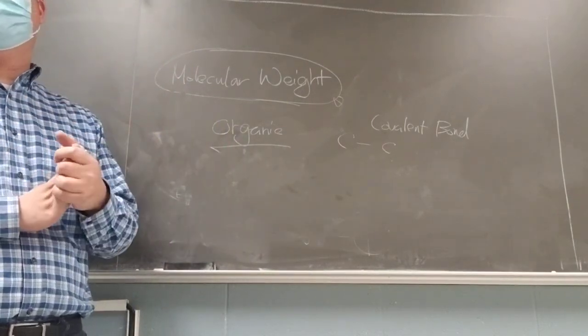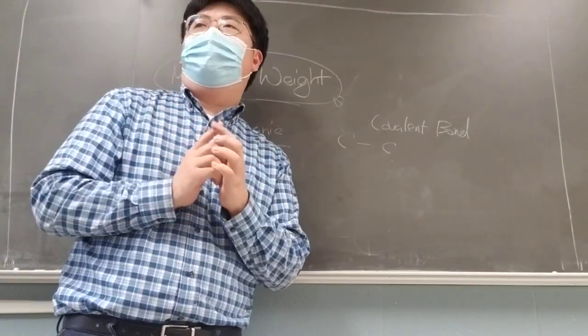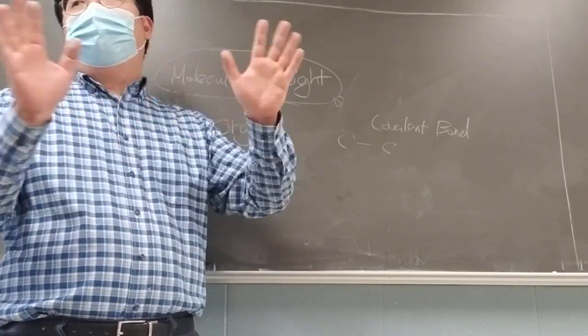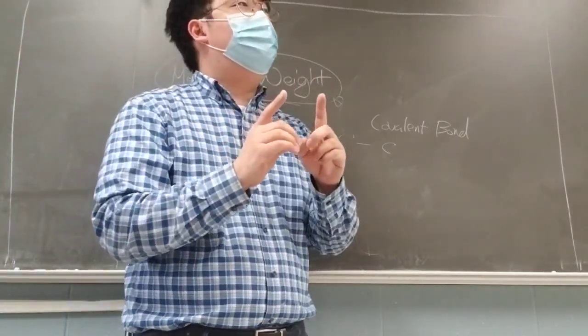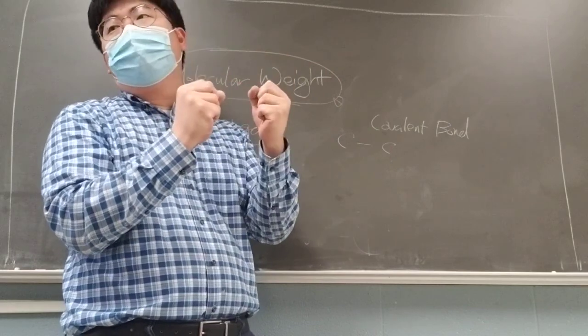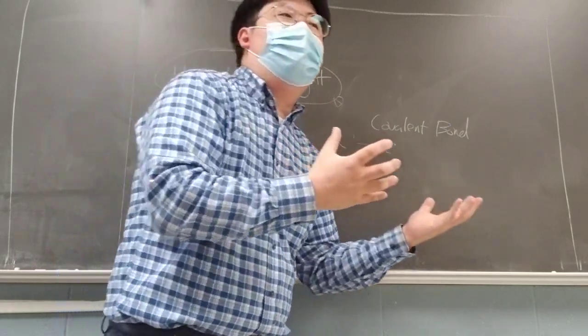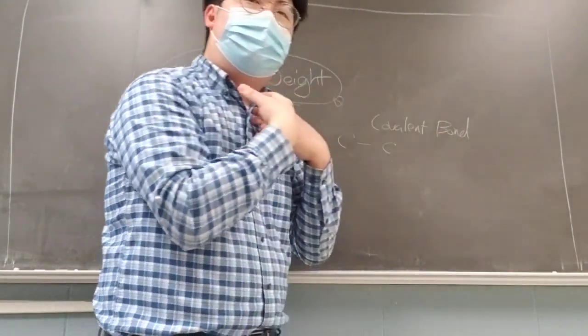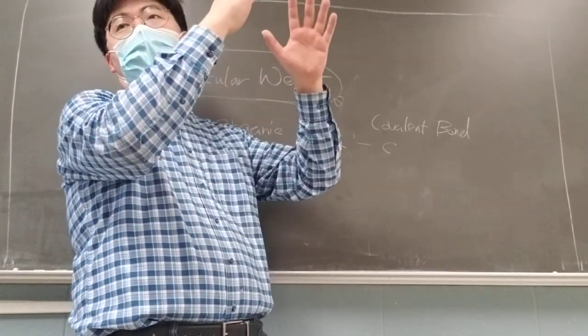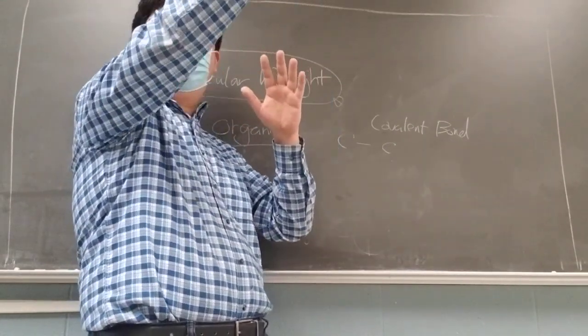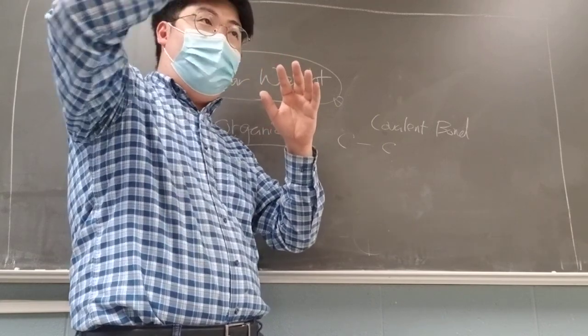Later on, you're going to learn about electronegativity. Not today, but electronegativity simply means how strongly each element can pull the electron to itself. It's usually very high in the top right corner of the periodic table, except the last column.